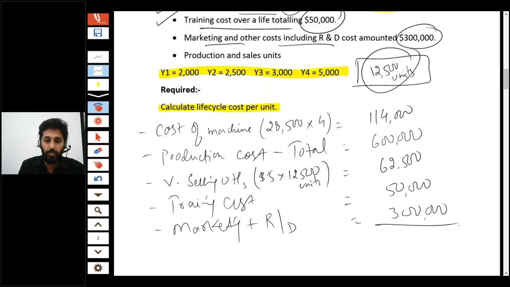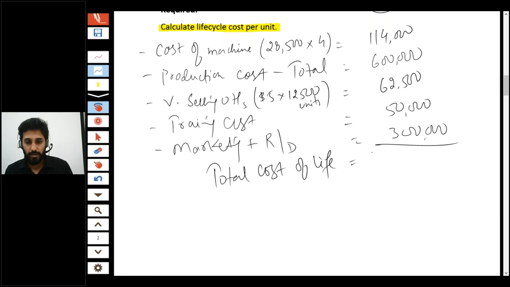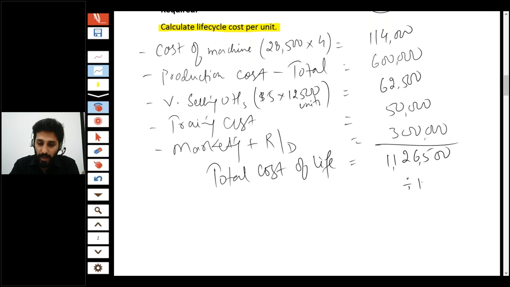The total cost of life, you might be calculating with me: 114 plus 600 plus 62.5 plus 50 plus 300, that is 1,126,500, isn't it? 1,126,500 divided by 12,500 units, the units in life.